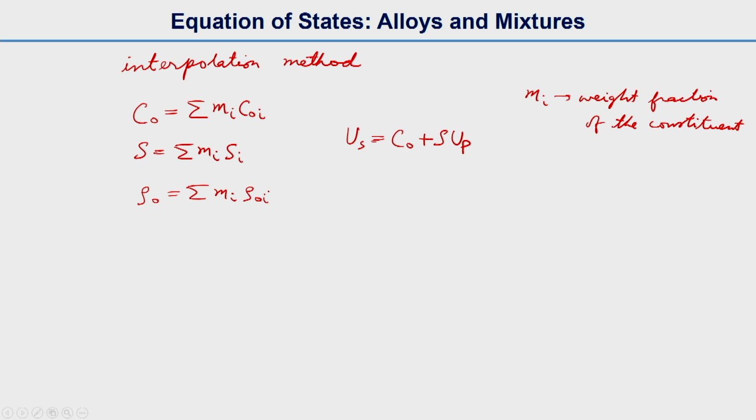That means if you have an alloy with, let's say, 60% A and 40% B, and we know the C naught and S for A and B, then C naught for the alloy will be 0.6 multiplied by C naught A plus 0.4 multiplied by C naught B. Similarly you can do it for S or even for density.